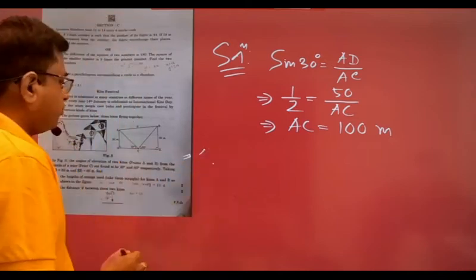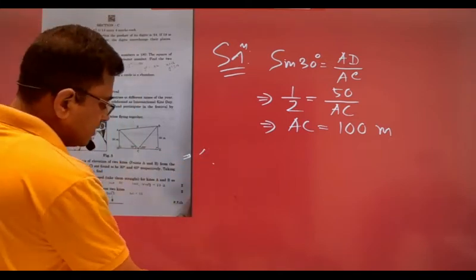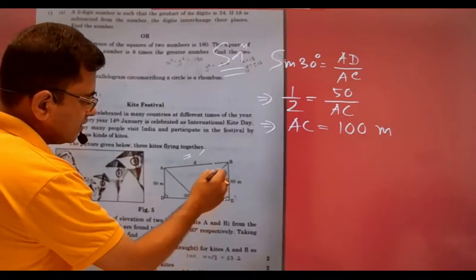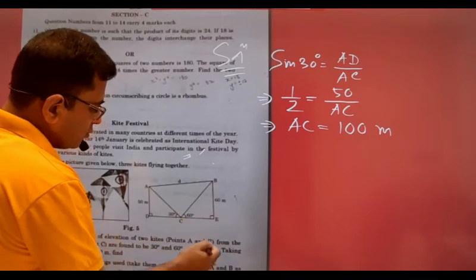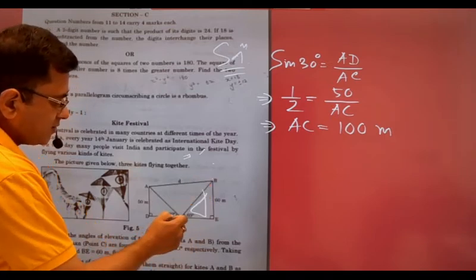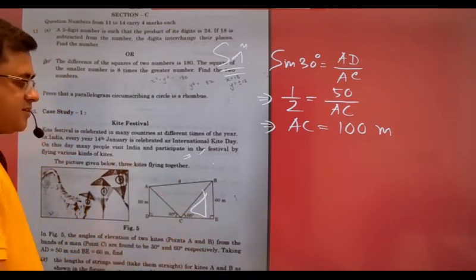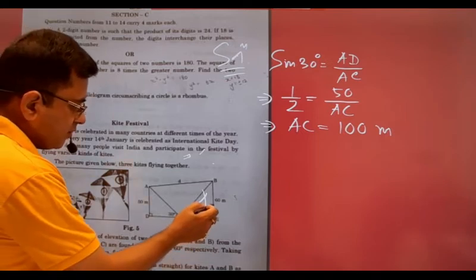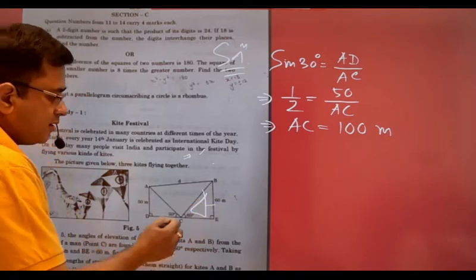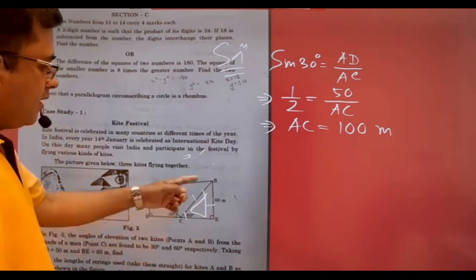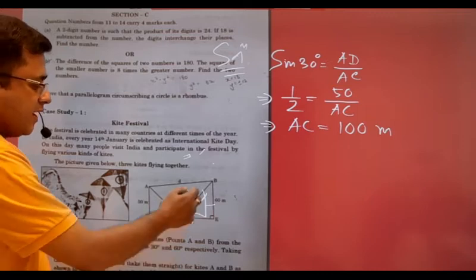So let us move to the next kite. You have to take the next triangle, because you need to find the length of the string, that is BC. You have to make a relationship between the perpendicular, the angle and the hypotenuse, that is the length of the string.